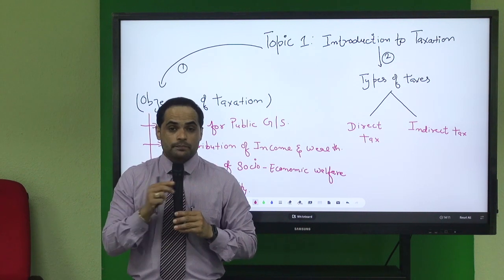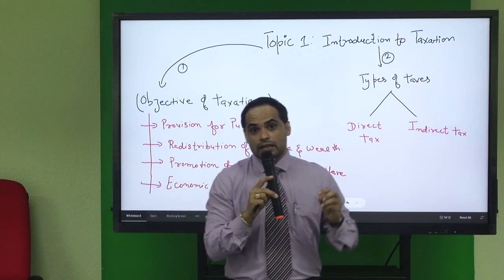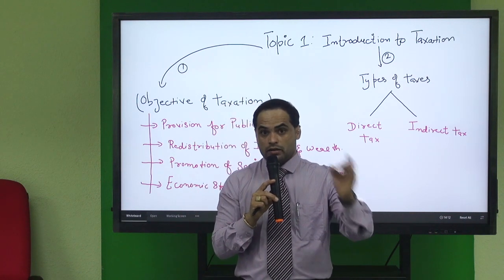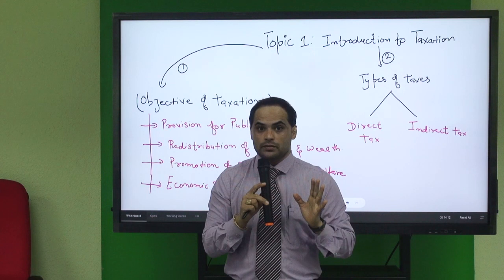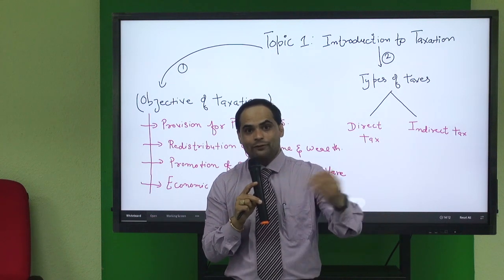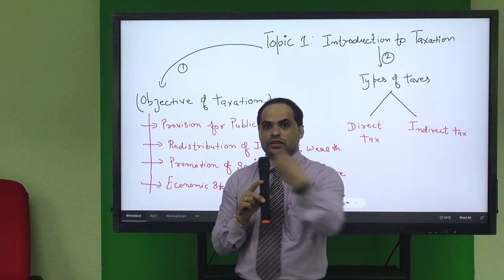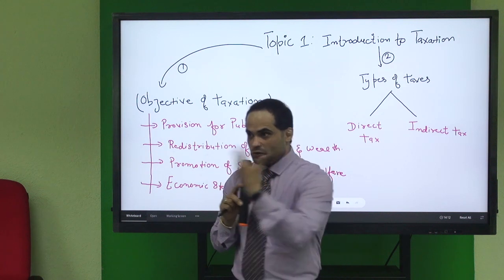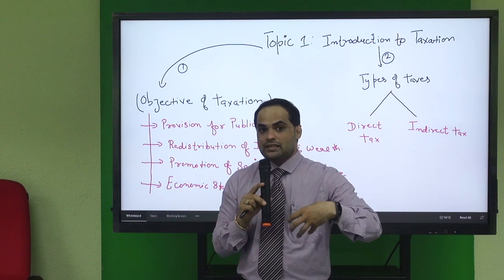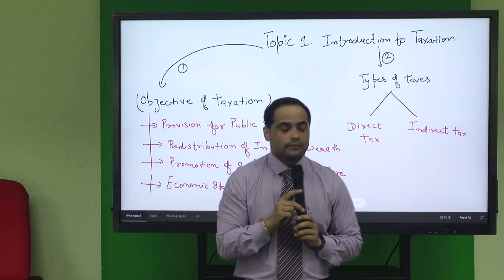I repeat, in some kinds of taxes, which we call indirect tax, payment made directly to the government is not possible. Someone must be involved, because we are not dealing directly with the government; we are dealing with someone else, who will collect tax on behalf of the government and then give it to the government's account.